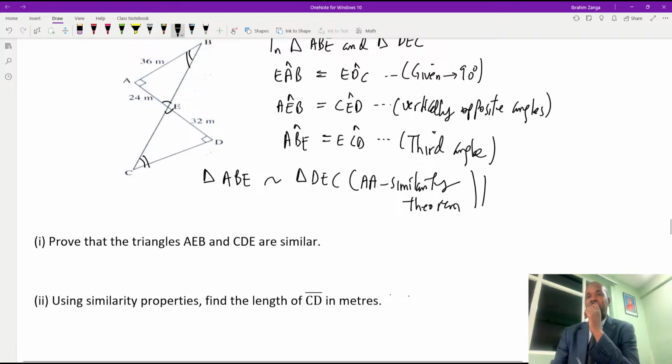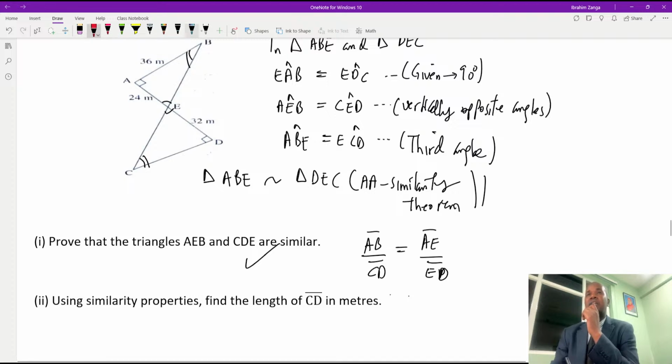And if that is the case, then we'll be saying that AB divided by CD will be equal to AE divided by ED.